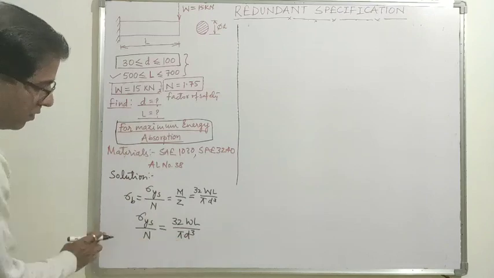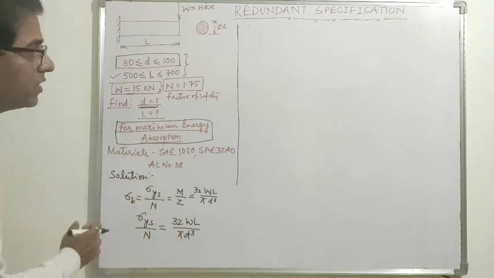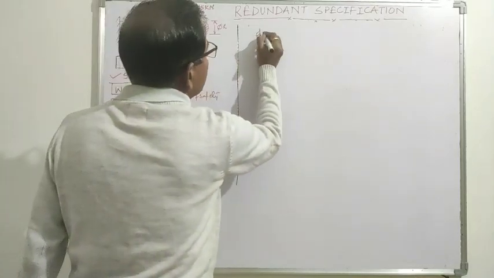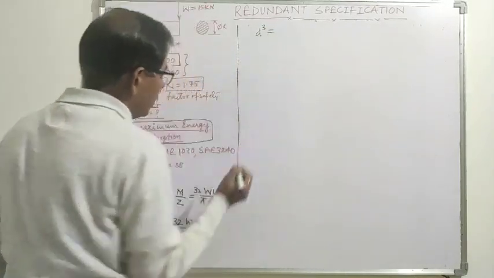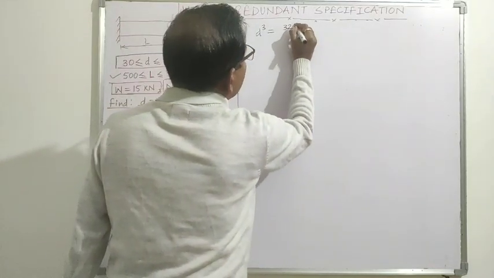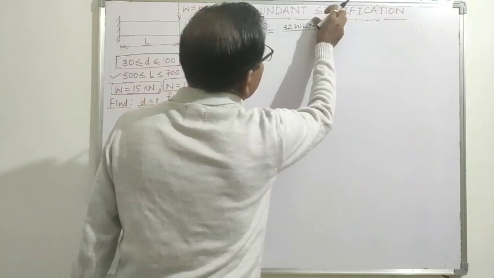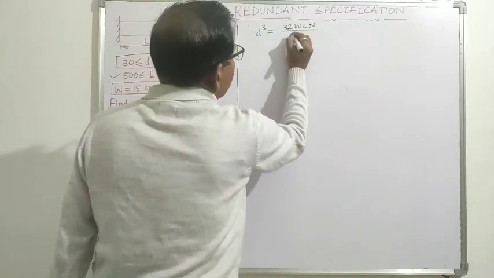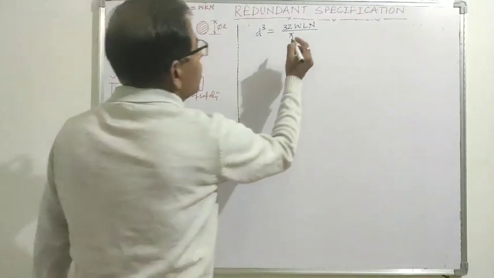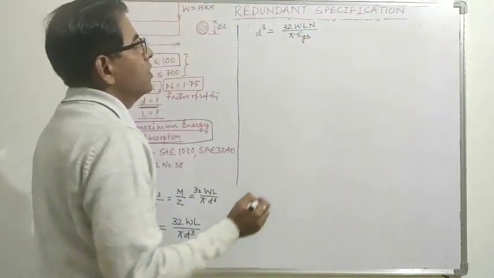Since we need to find out d, we take d on the left hand side. So d cubed is equal to 32 WLn upon pi into sigma ys.